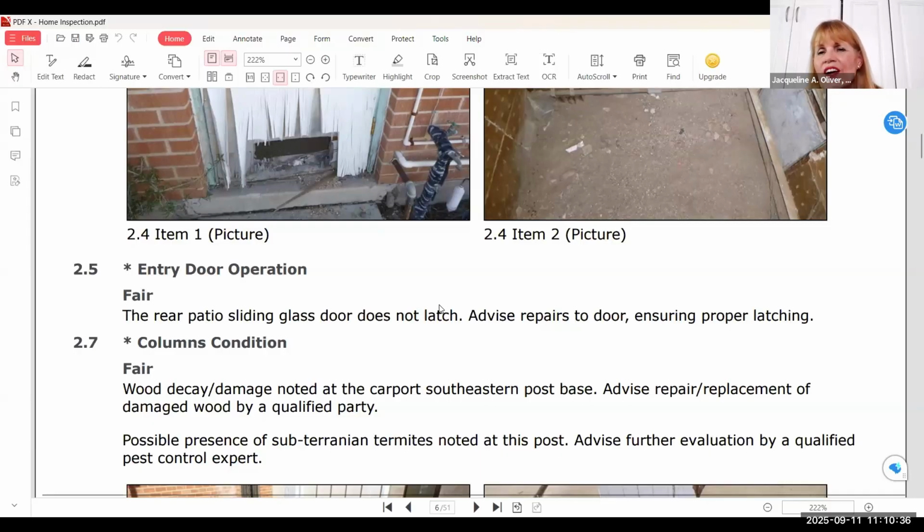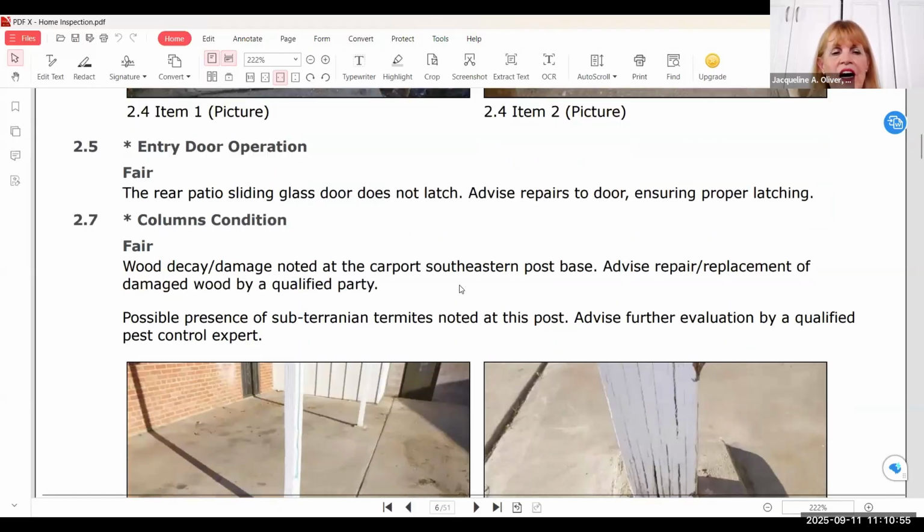But within the wrought iron would be a sliding glass door, because even though you have the wrought iron, if you didn't have a door, then anything could come in. Rain, bugs, anything can come. People can't get in, but other items in the environment can come in.